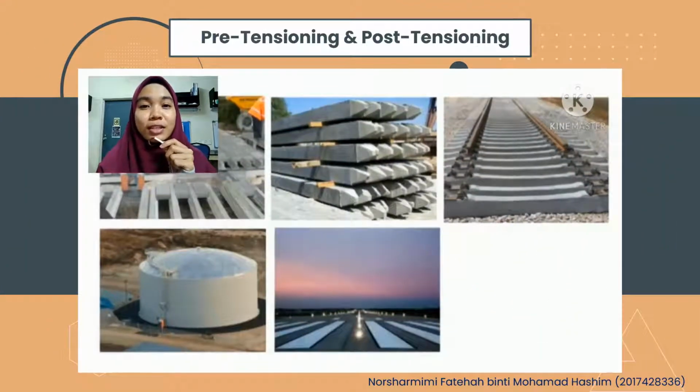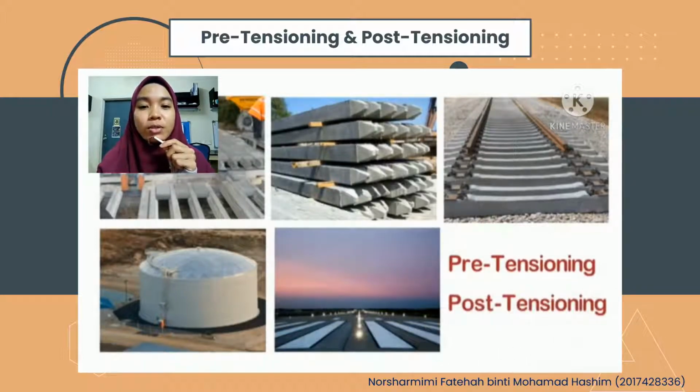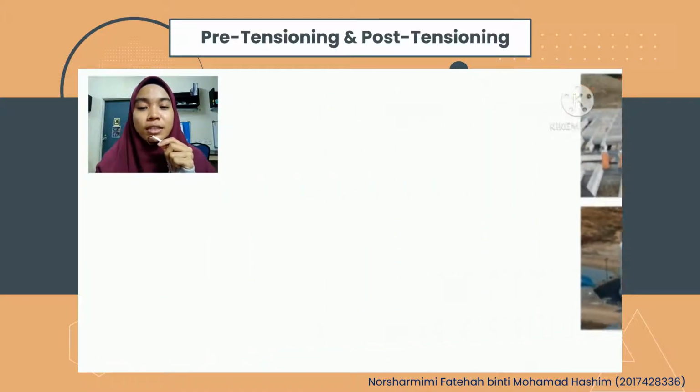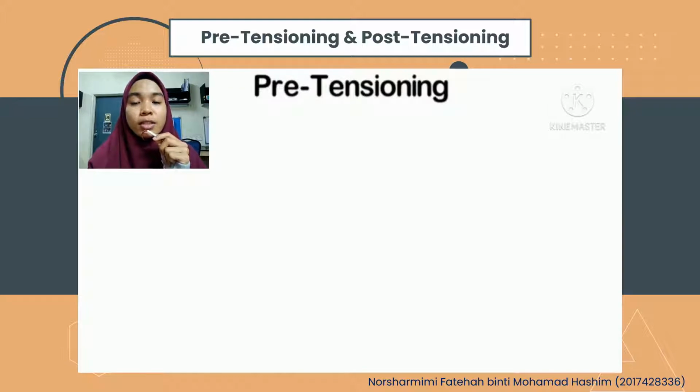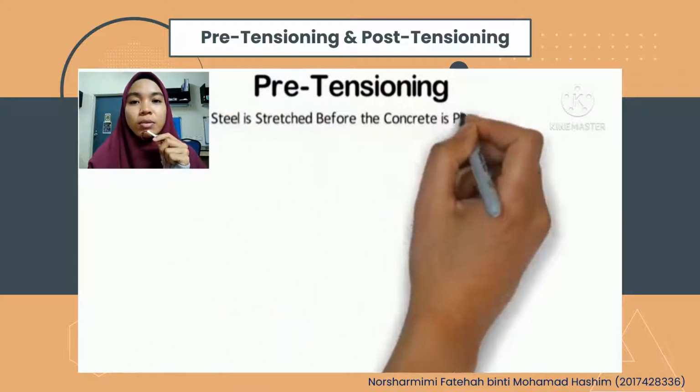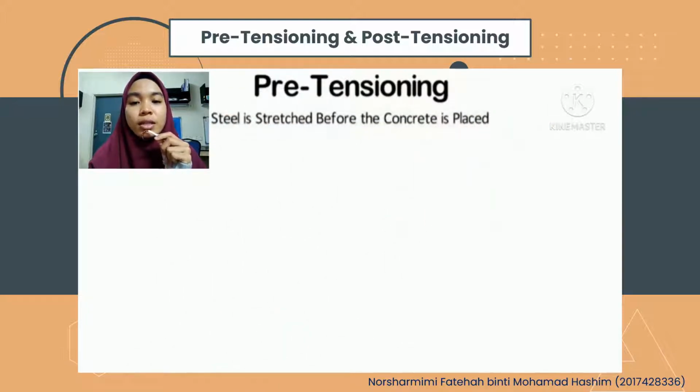For your information, pre-stress can be done in two ways. One is pre-tensioning and the second one is post-tensioning. First, let me talk about pre-tensioning. For pre-tensioning, steel is tensioned before the concrete is placed.